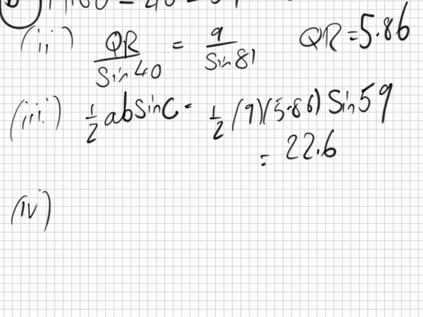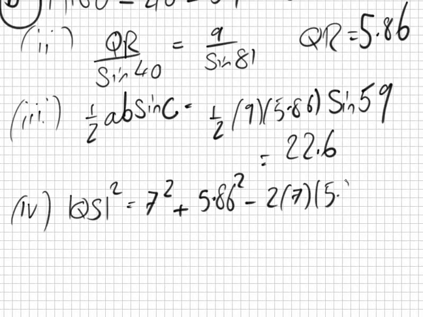Because if you look at it, we have side, side, and angle between the sides. So you have QS squared equals A squared plus B squared minus twice, and then the other two sides. And then what's the angle between these sides? 46. So I got here QS is equal to 5.13.